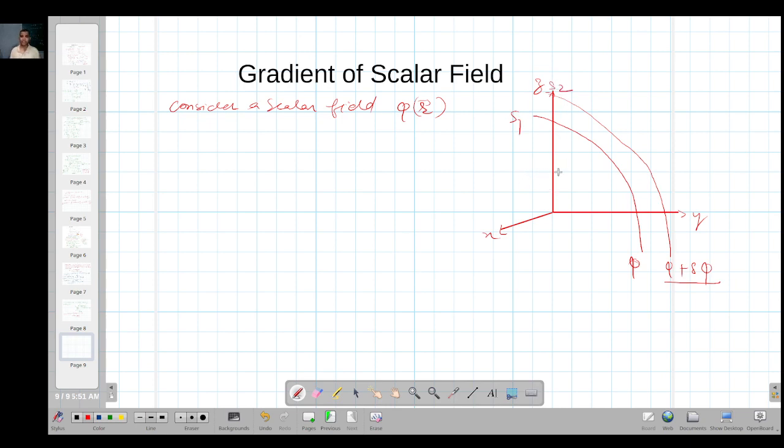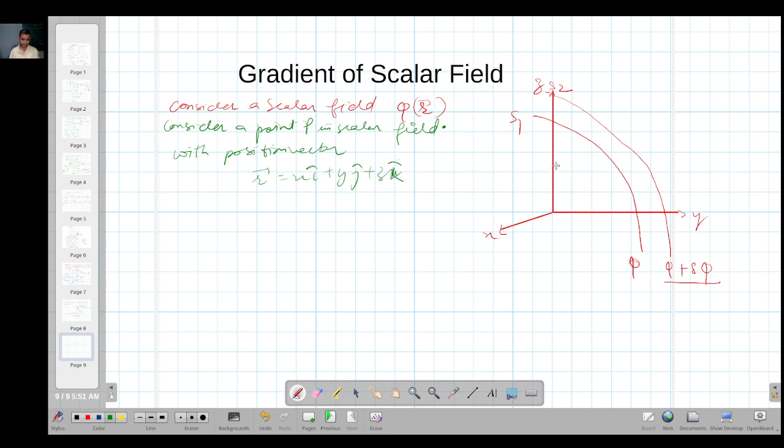Now consider a point P. Point P in scalar field with position vector R. It is x i cap, y j cap, and z k cap, right?